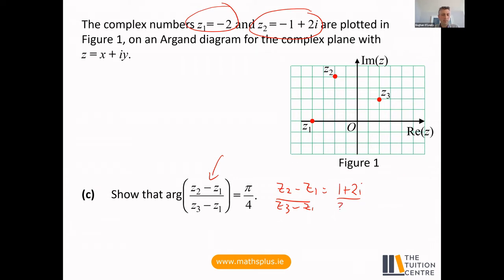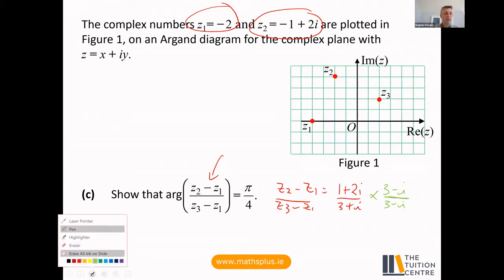So I think that's going to end up as 3 plus i. And what am I going to do then? Well, if I've got a complex number divided by a complex number, I multiply above and below by the conjugate of the denominator.